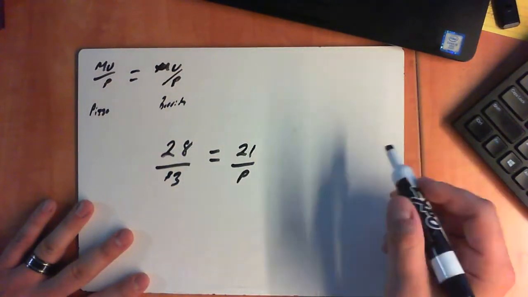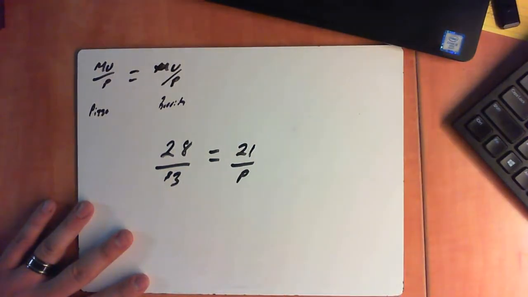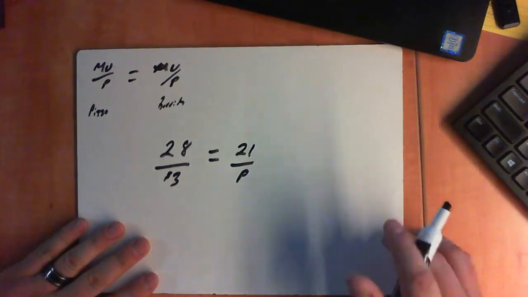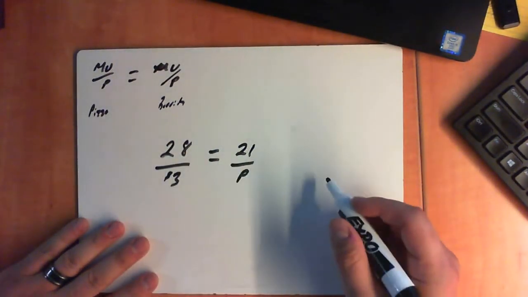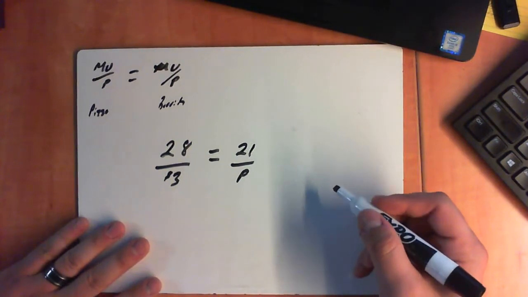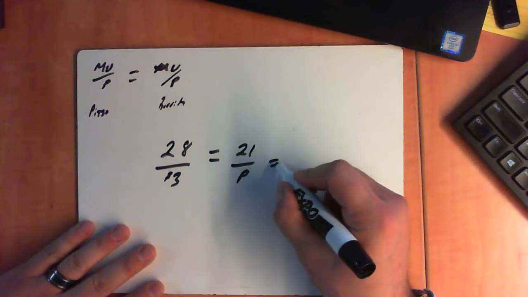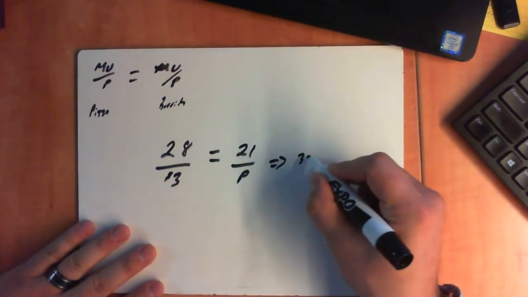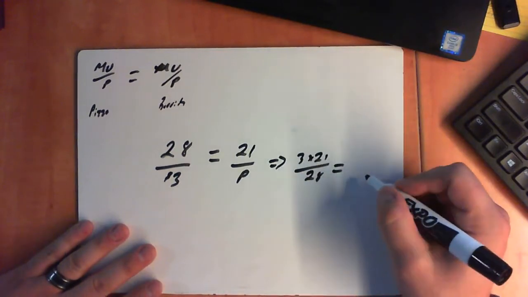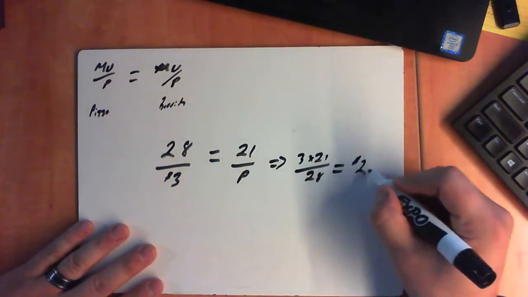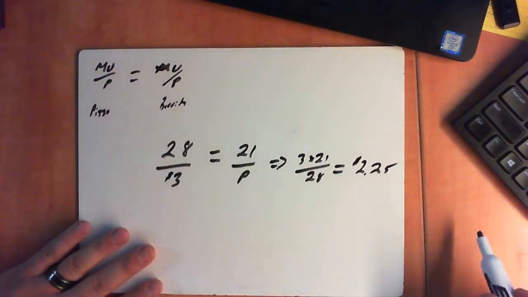So all you'll be doing is multiplying 3 by 21 and dividing by 28. 3 times 21 divided by 28 would give you a price of $2.25 for burritos to reach equilibrium.